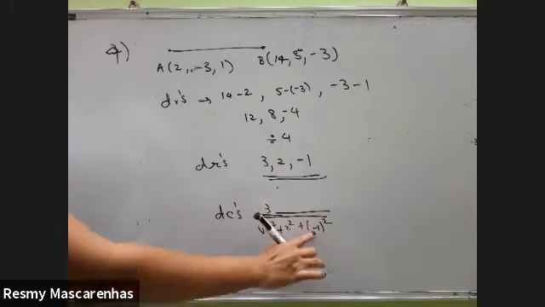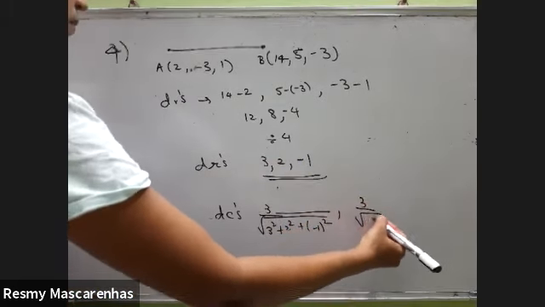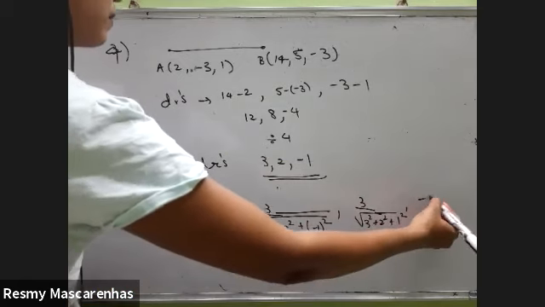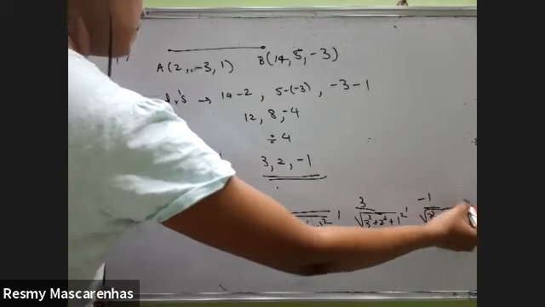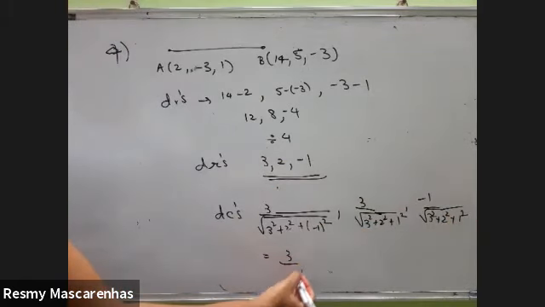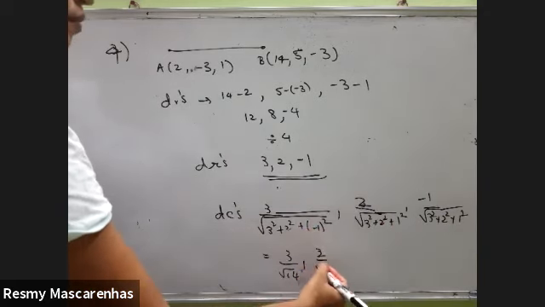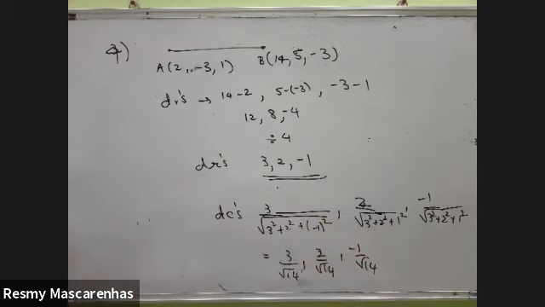So even if you write just 1 straight away, the answer will be correct. So root 14, 2 upon root 14, and minus 1 upon root 14. So these are your direction cosines.